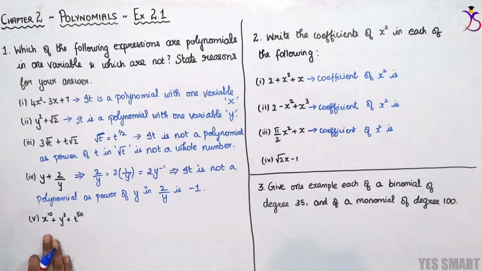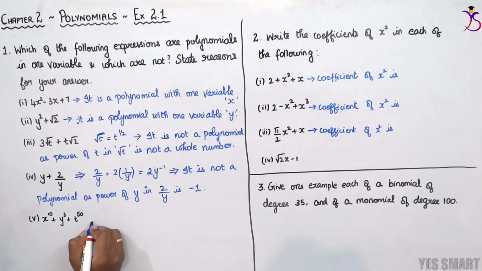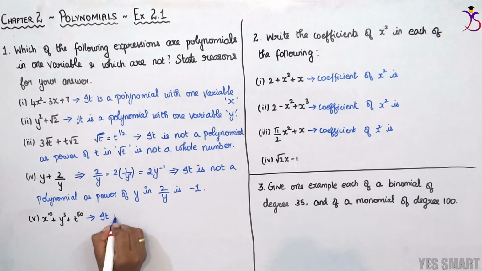Moving to the last subdivision, we have three different terms with different variables and all the powers are positive, that is, all the powers are whole numbers. Therefore, the given expression is a polynomial. But the question is whether the polynomial is in one variable.